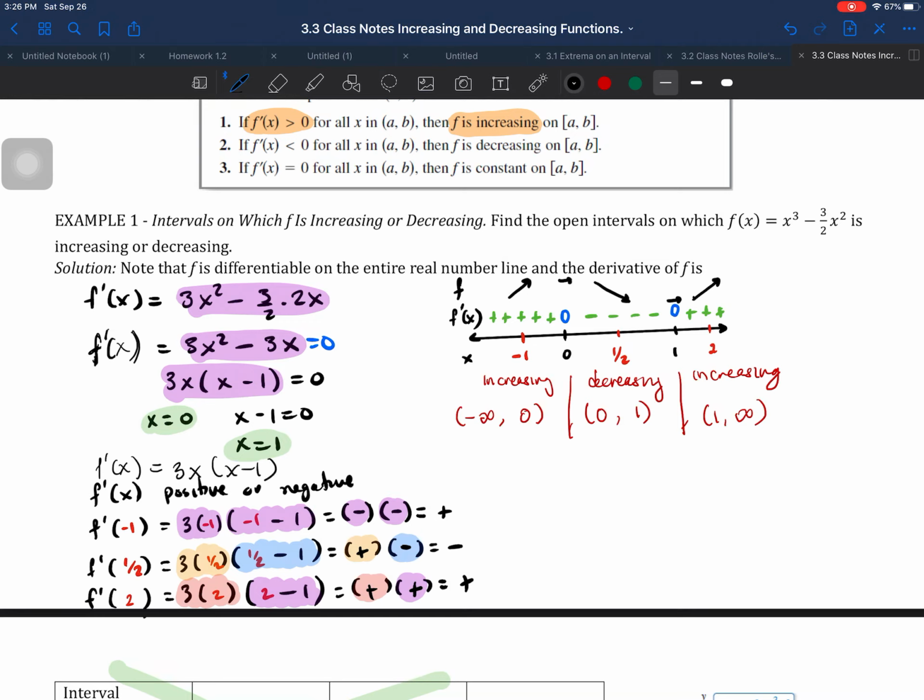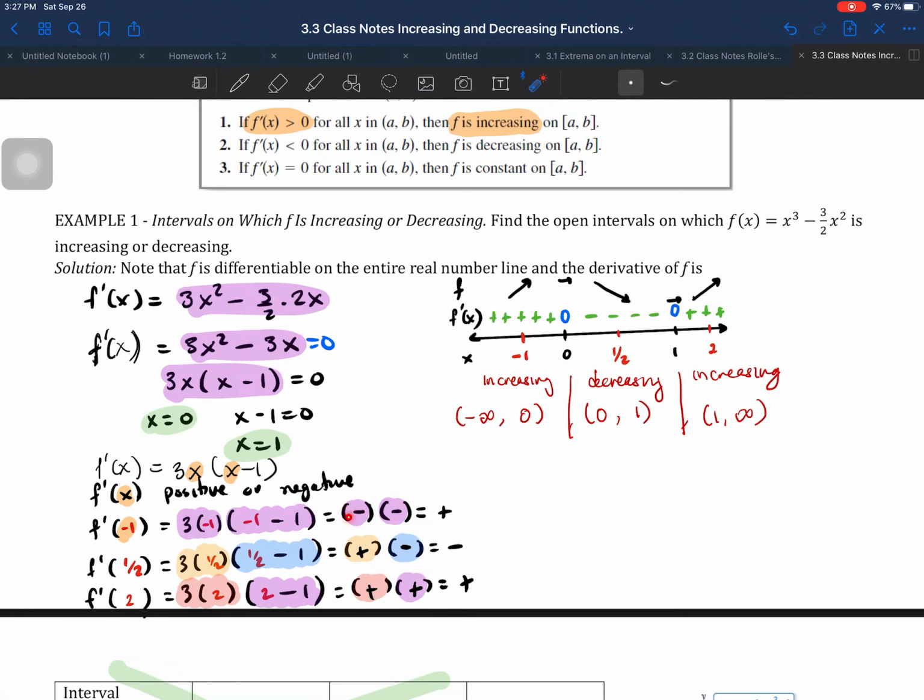And what we're going to do here is replace x with -1. So plug in -1 for x, and again all we care about is whether this is positive or negative. Well, 3 is positive, -1 is negative, so positive times negative gives you negative.